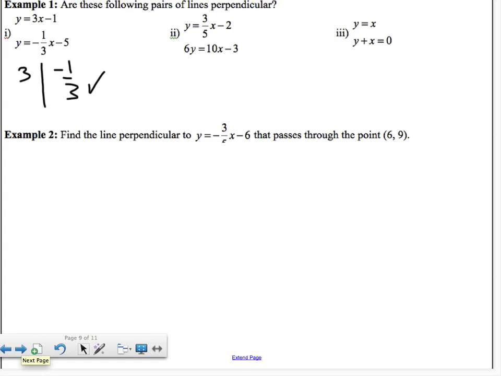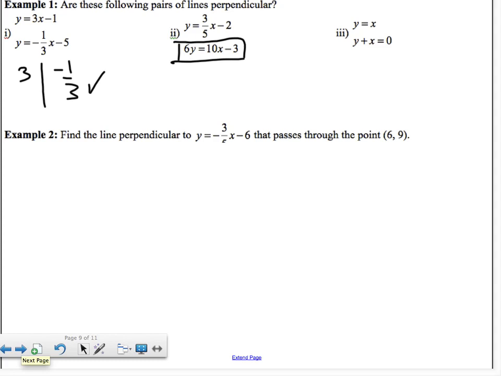Why do we want to wait? What's going on here? Aaron? Well, yeah, we need this one, but it's still one. We need this equation in slope-intercept form first. Right?